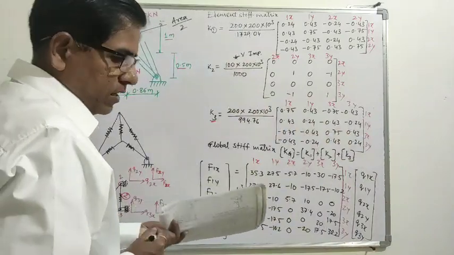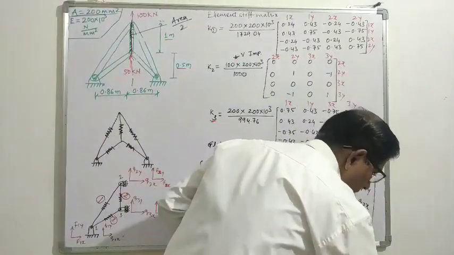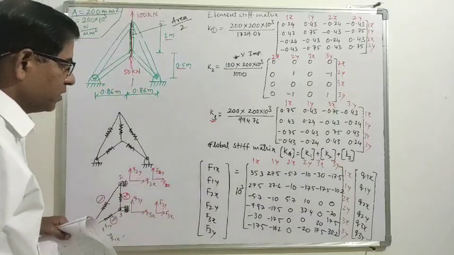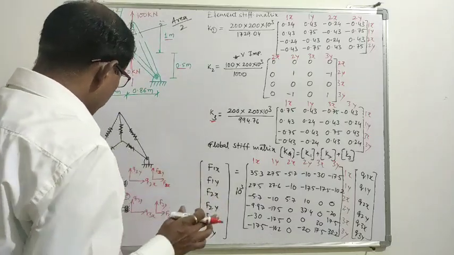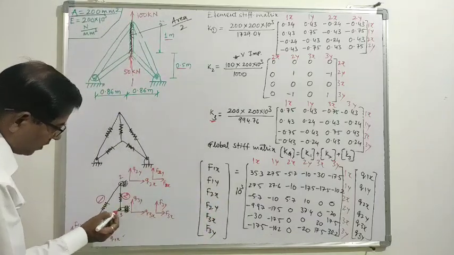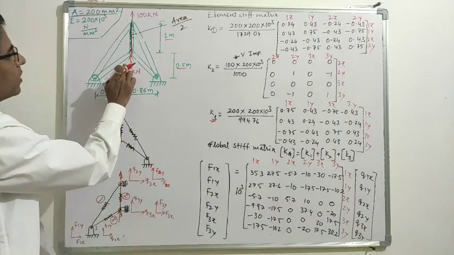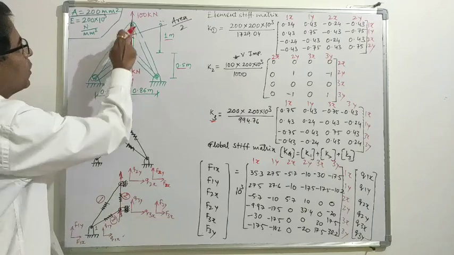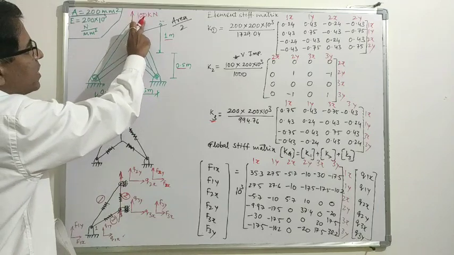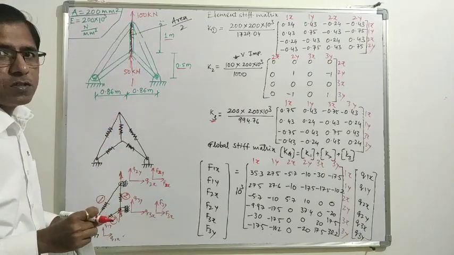Okay. Now apply the Gauss elimination. So, what are the forces here? Here you can see there are 2 forces: one is 50 kilonewton and the second one is 100 kilonewton.